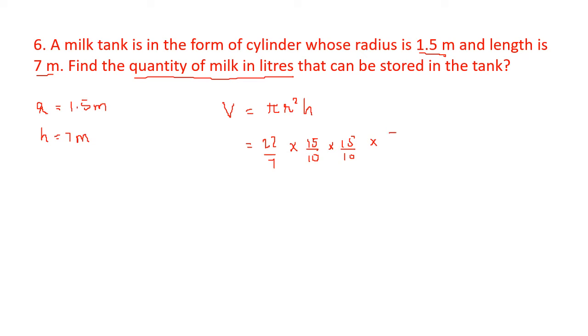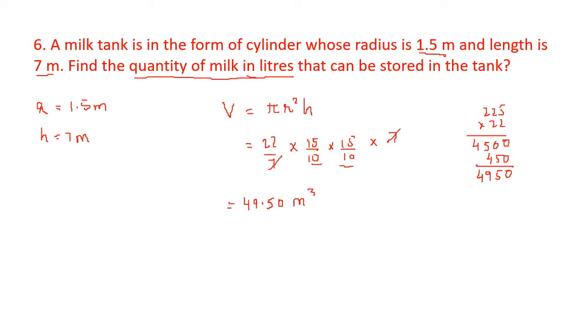Height is 7, so I will cut this 7 and 7. 15, 15 is 225. 225 into 22 gives 4950. Divided by 100 will give us 49.50 meter cube, since it is in meter.